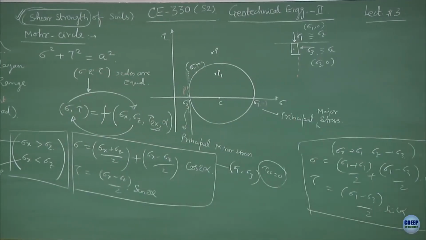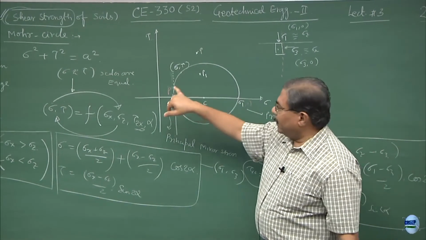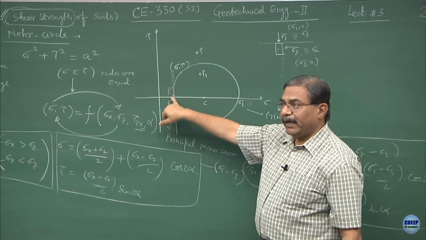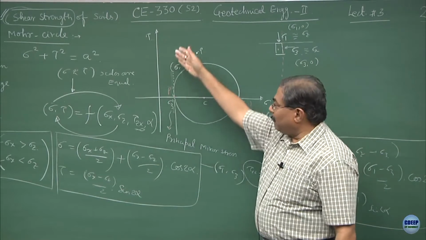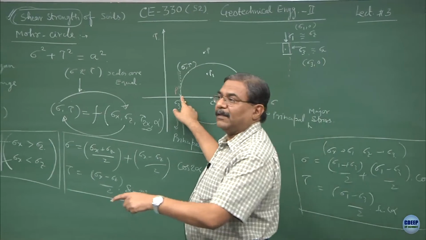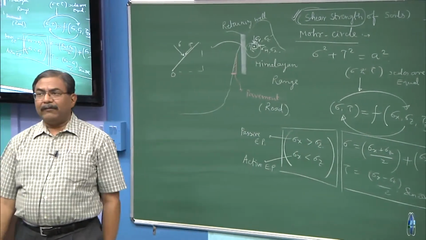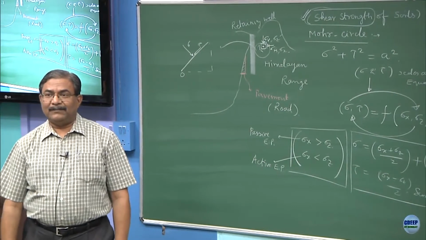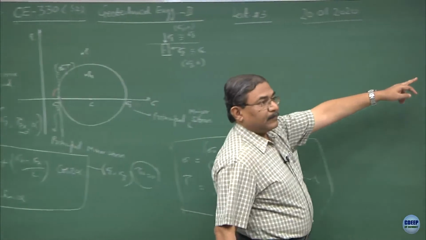And what have we done? We have cross verified. Either you start from sigma 1 0, take a horizontal line cutting the Mohr circle at point P, or reverse, sigma 3 0 is known, draw a plane, point of tangency, this is the pole. So, what we have done in short is, we have identified the pole, and this pole has a lot of interesting, peculiar characteristics.